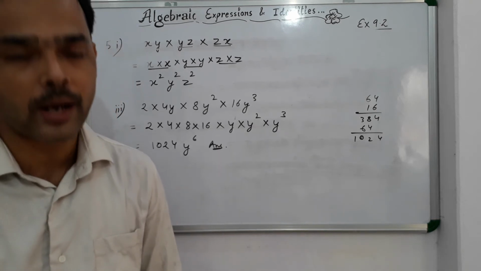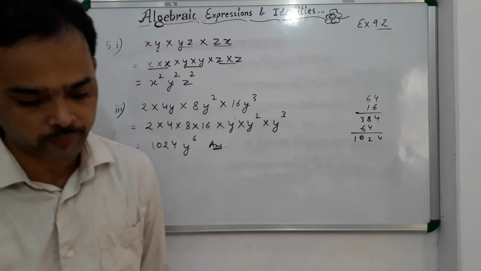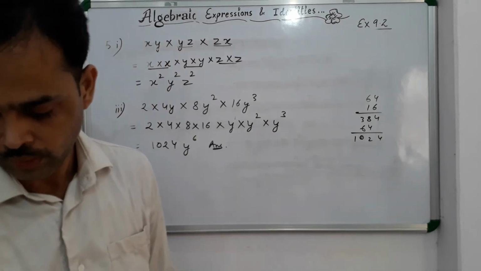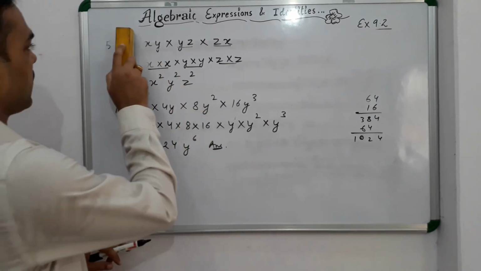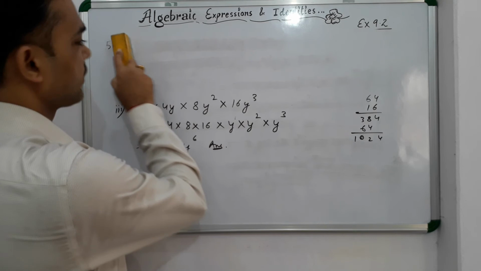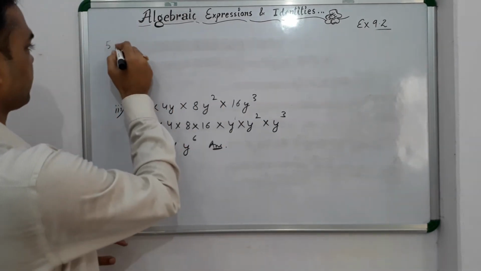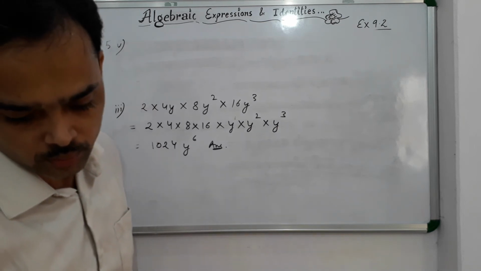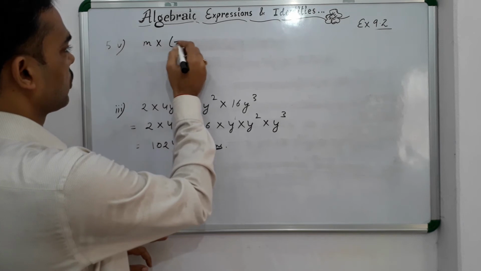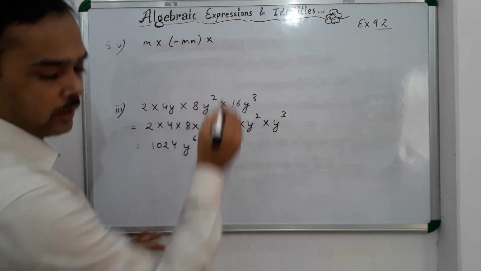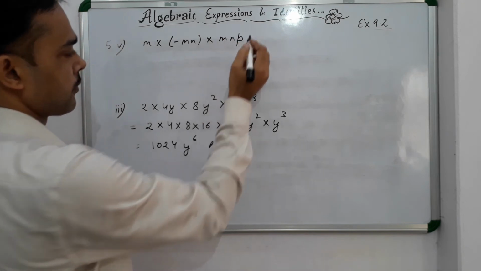Now once we have done the third part, let us move on to the fifth part. In the fifth part, once again we have to multiply the terms m into minus mn into mp.